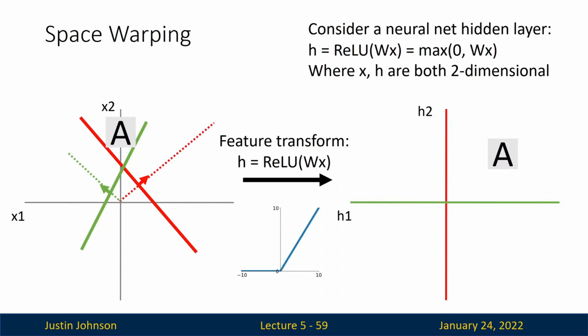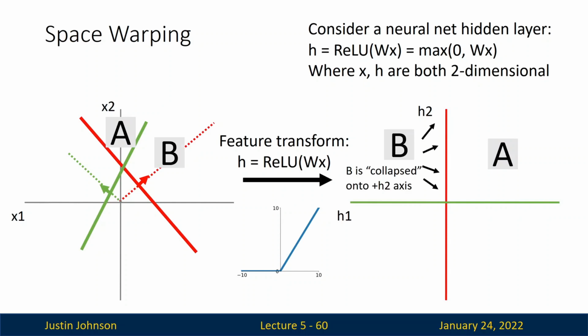Okay, if we have a nonlinear function, say ReLU here, then let's see what will happen. For region A, if its new coordinate values are both positive, then it will stay the same, nothing changes.